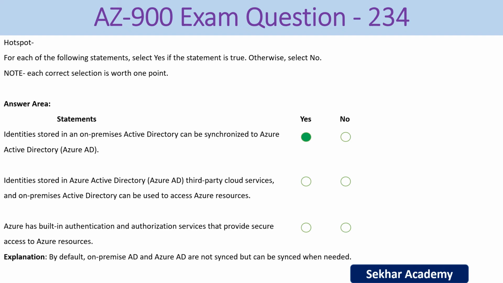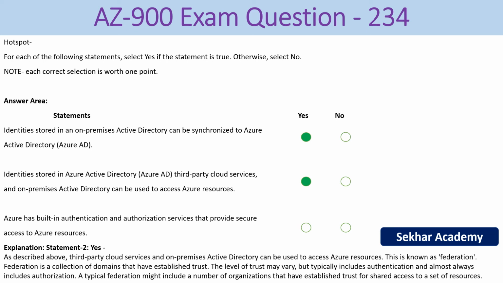Statement 2. Identity stored in Azure Active Directory, third-party cloud services, and on-premises Active Directory can be used to access Azure resources. Right? The right answer is here, yes. So, this is known as a federation.